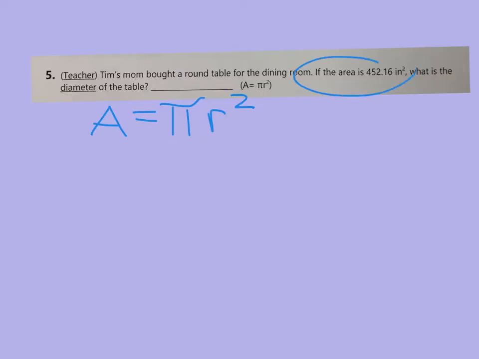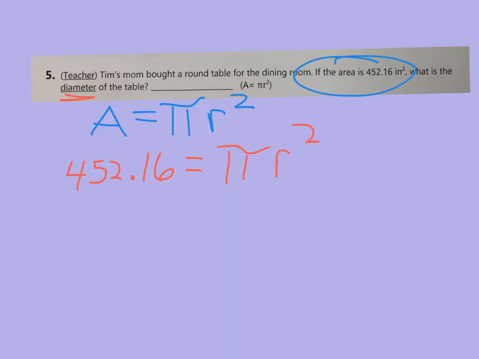In this problem, they give us the area, so I'm going to fill in the area. The area is 452.16, and that equals pi r squared. I'm still trying to find the diameter.